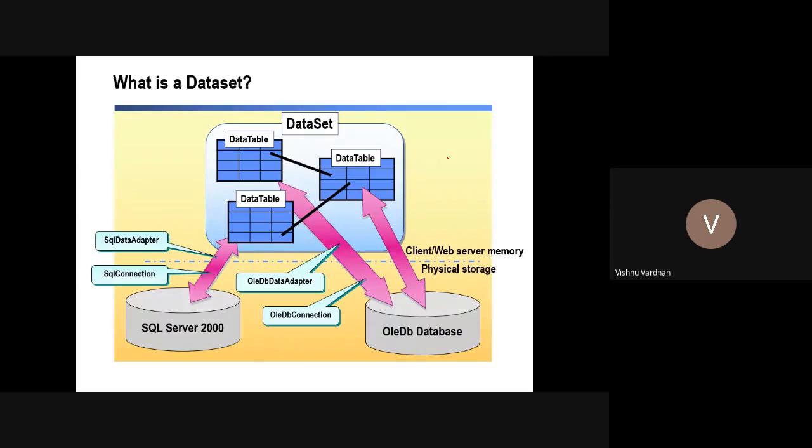Okay, so this is the way how this is going to be connected, and accordingly after this particular data set is completely loaded into the memory, you can directly take the data from the data set. Initially, for the first time, you are going to load the data from the databases.